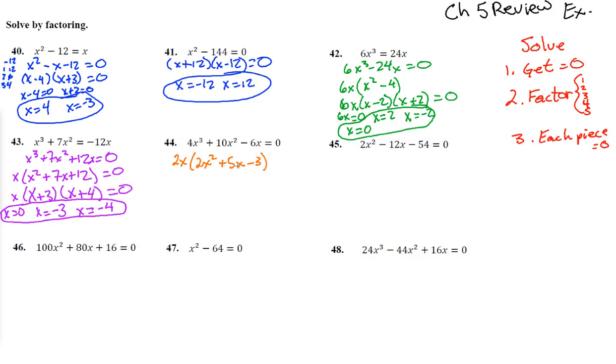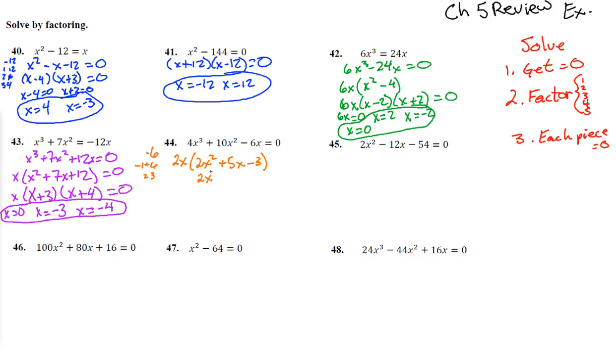Okay. This can factor, let me see, leading coefficient is not 1, so we have to do the AC method. 2 times negative 3 is a negative 6. And we either have a 1 and a 6 or a 2 and a 3 that add to 5. Now this is negative, so we have to be careful. If we were to do a positive 2 and positive 3 to add to a positive 5, it doesn't multiply to negative 6, so that one won't work. We need to do a positive 6 and a negative 1.